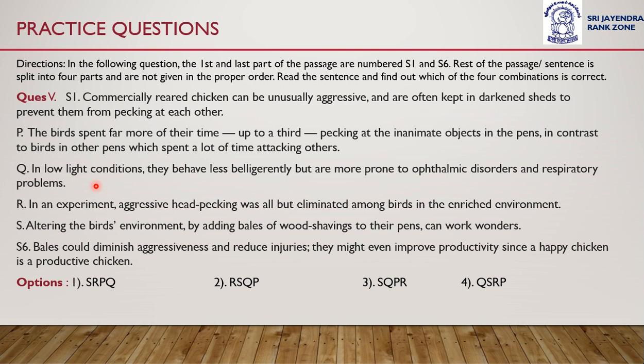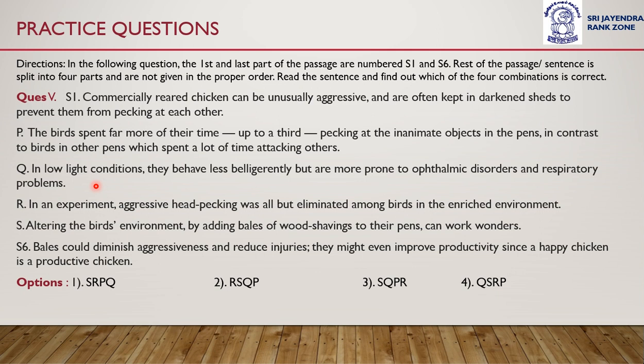In low light conditions, they behave less belligerently but are more prone to ophthalmic disorder and respiratory problems. In an experiment, aggressive headpecking was all but eliminated among birds in the enriched environment.